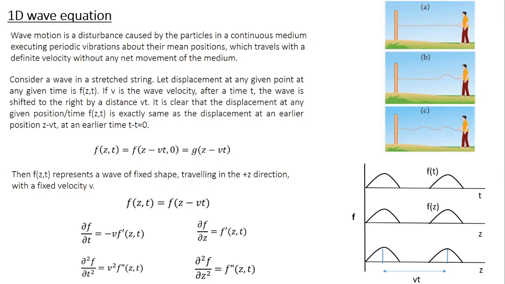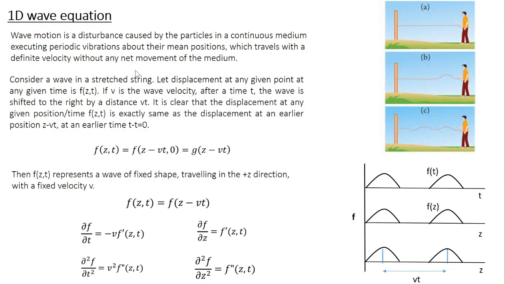And there are several definitions for wave motion depending on the nature of the wave. One of the definitions could be: wave motion is a disturbance caused by the particles in a continuous medium executing periodic vibrations about their mean positions, which travels with a definite velocity without any net movement of the medium.